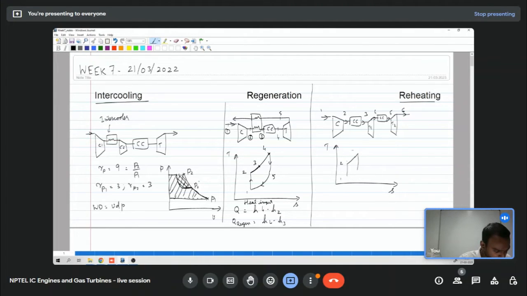So this is 1, 2 and 3. After the heat addition, we end up in 3, and then after turbine 1 we end up in 4 through a constant entropy expansion, and then again the second combustion chamber heats up like this, and then so this is 4, 5 and 6.